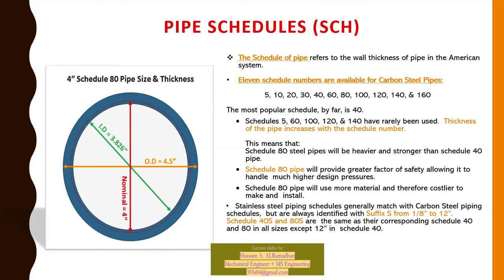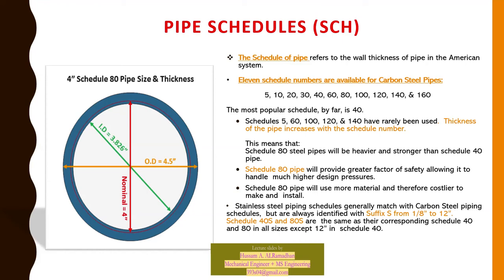This means that schedule 80 steel pipe will be heavier and stronger than schedule 40 pipe. Schedule 80 pipe will provide a greater factor of safety, allowing it to handle a higher design pressure. Schedule 80 will use more material and therefore is costlier to make and install.